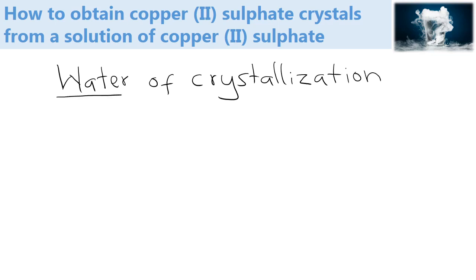That is the water in the salt structure or lattice. Now, if we use evaporation method, we are going to drive out the water of crystallization and will remain with copper 2 sulfate powder.